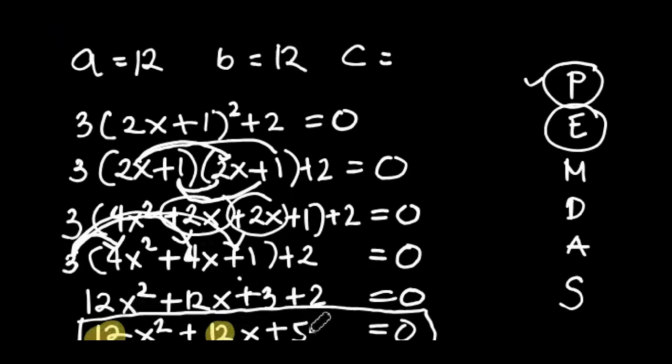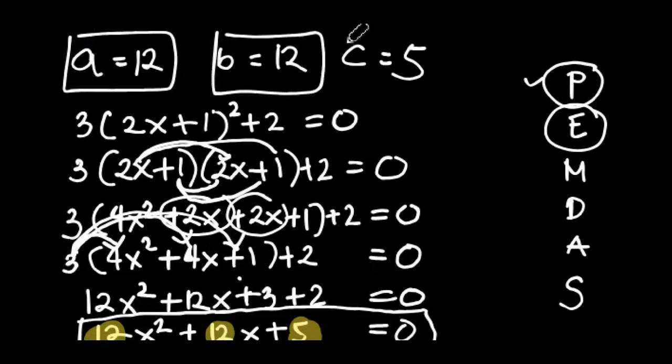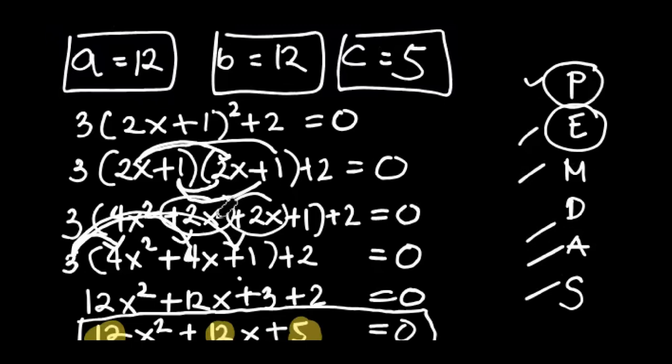And finally, the third term, or the third coefficient is 5. So, A is 12, B is 12, C is 5. Yung mga numbers sa first, second, third term lang yung ABC natin. Okay? So, by using this method, we could simplify this quadratic equation.